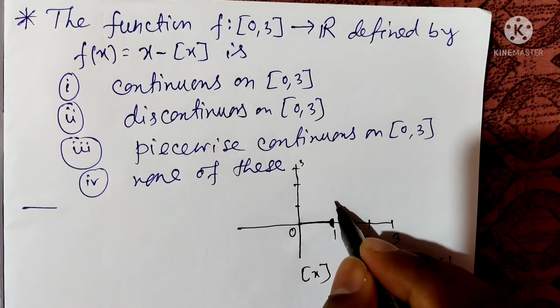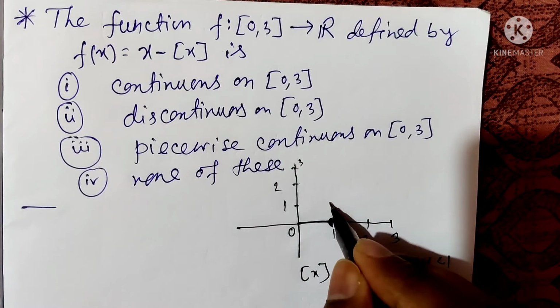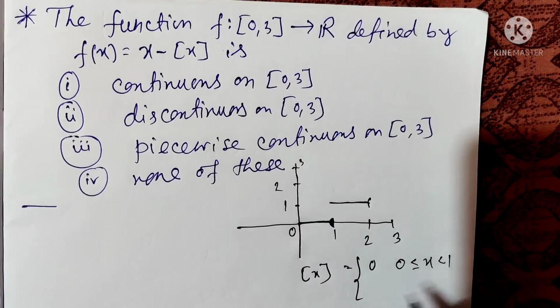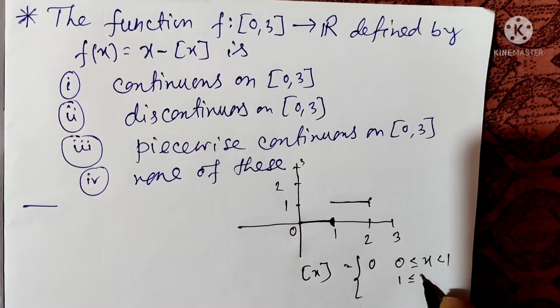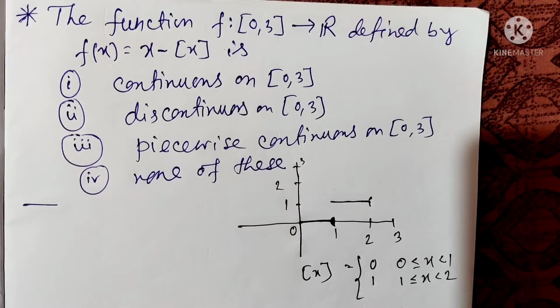From 1 to 2, this can take the value 1. So for 1 less than or equal to x less than 2, that equals 1.